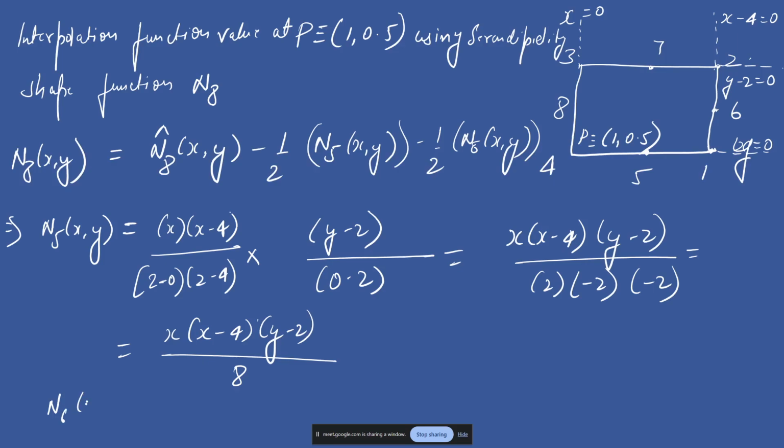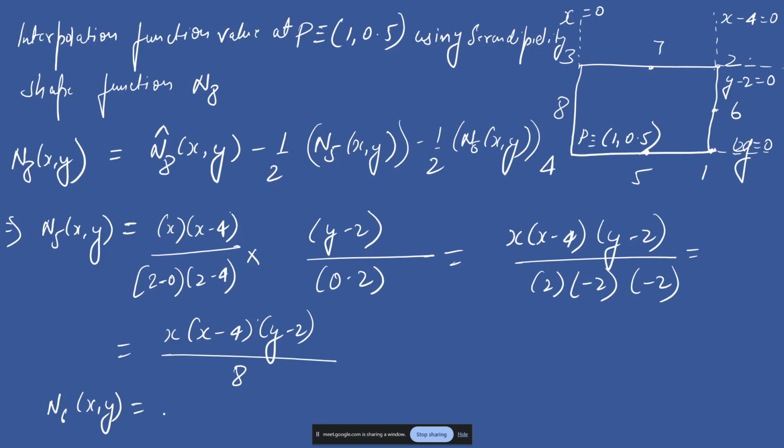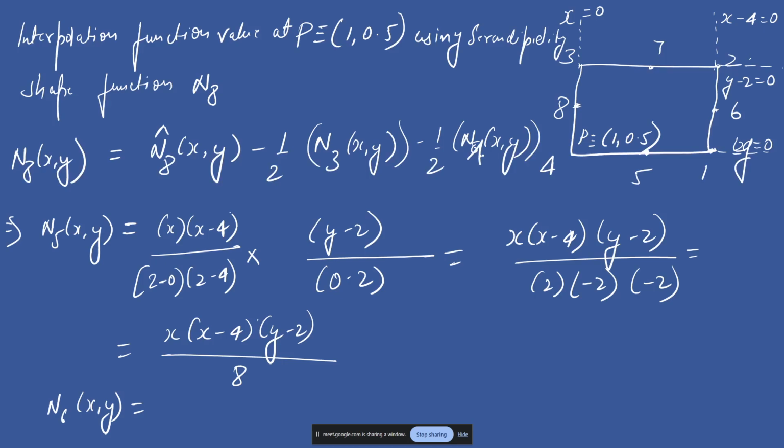Similarly, for N6 x y, you can evaluate like this. Okay, so you are calculating at 8, right? So this is the particular node. So you need to take into account the N3 x comma y as well as your N4 x comma y.